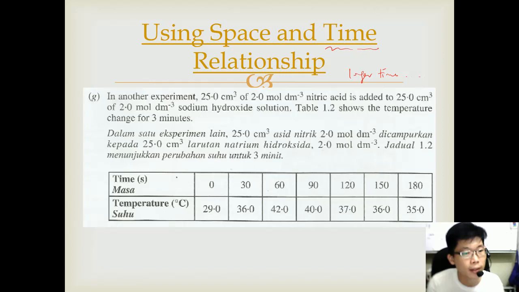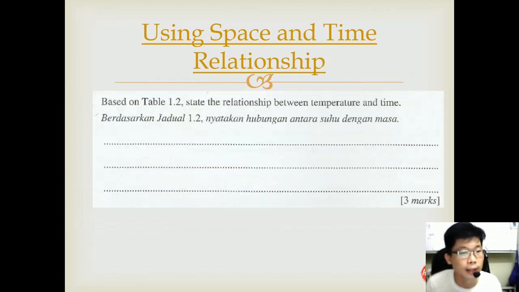Based on the table given to you, when the time gets longer, the temperature will keep increasing until 42. After that, it decreases again. So we can make our answer like this.